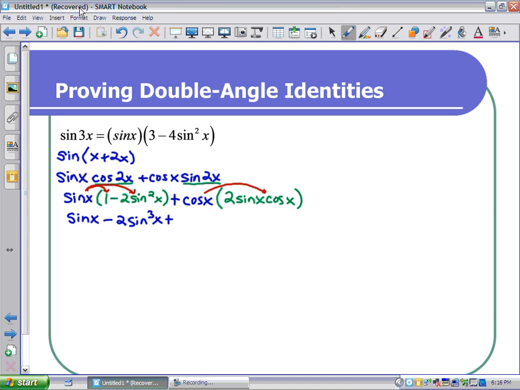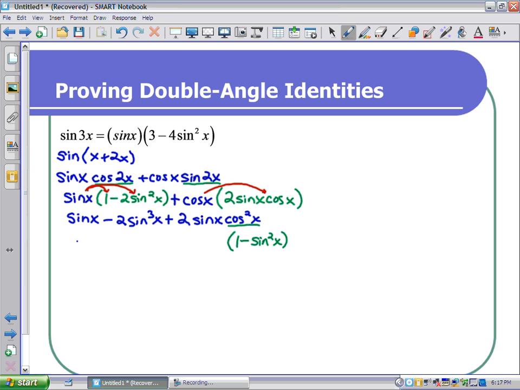So we're going to have plus 2 sine x cosine squared x. Now I again have another cosine squared, and in that cosine squared, we're going to replace that using your Pythagorean identities, which says that cosine squared x is the same thing as 1 minus sine squared x.